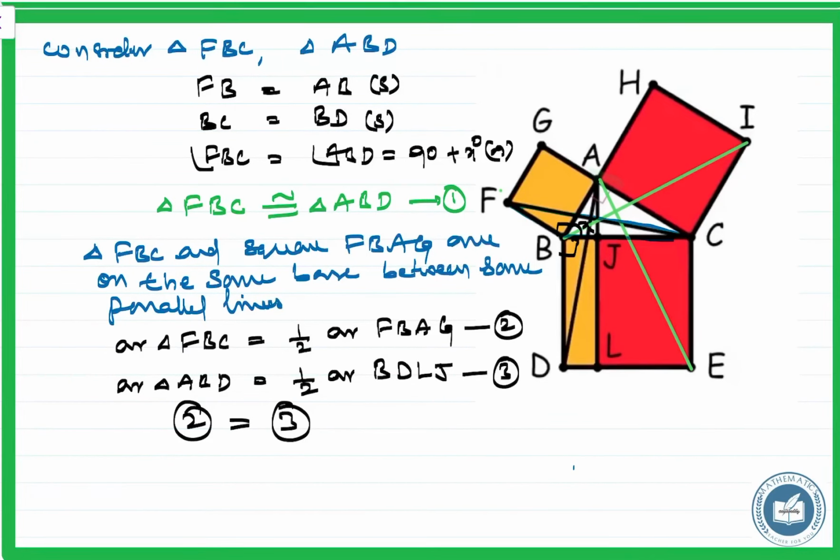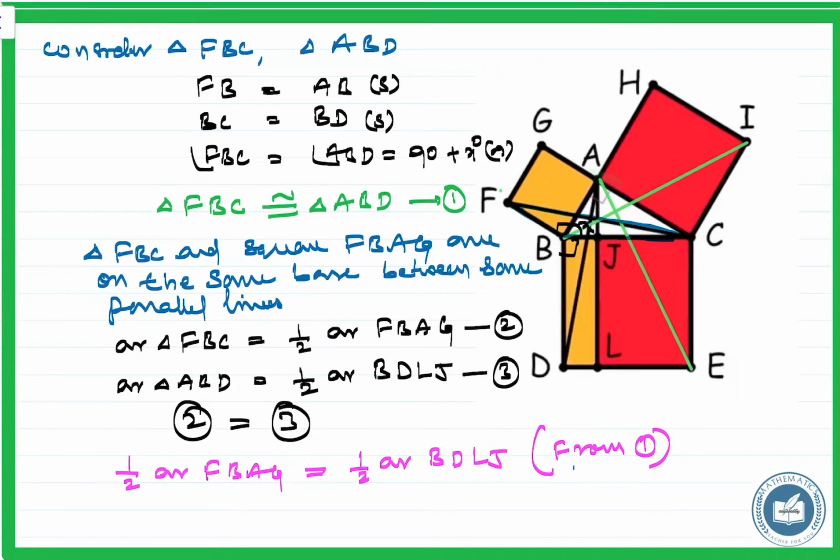Therefore you can write half the area of FBAG is equal to half the area of BDLJ, from 1, because 1 says the two triangles are equal in area, so you can write this from 2 and 3.